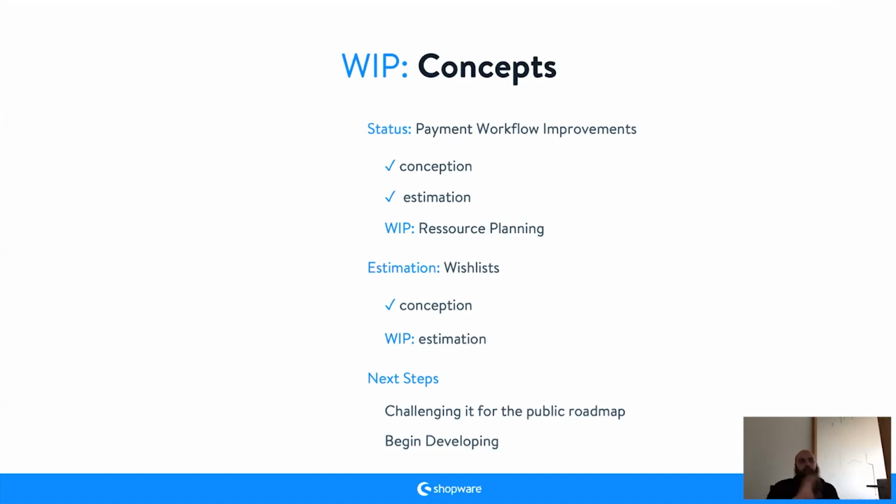So the conception is done, the estimation is done, and we're currently in the process of resource planning. And I worked on a wish list conception, so that you might be able to save your cart for later, to add products to a wish list and buy them later on, and so on. The conception is nearly done, and we're working on the estimation too.